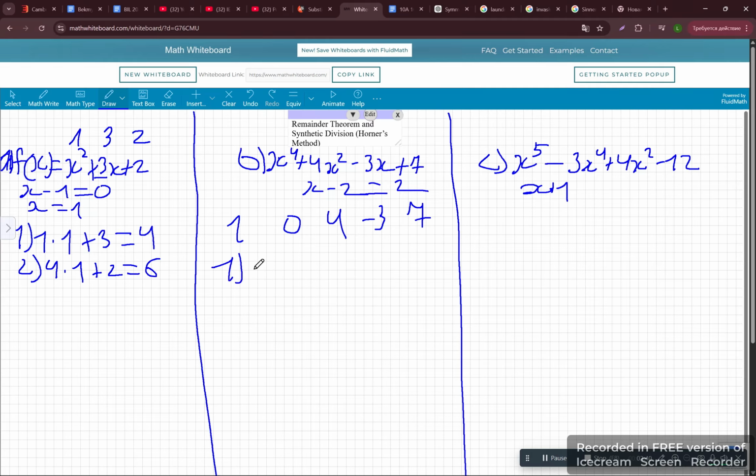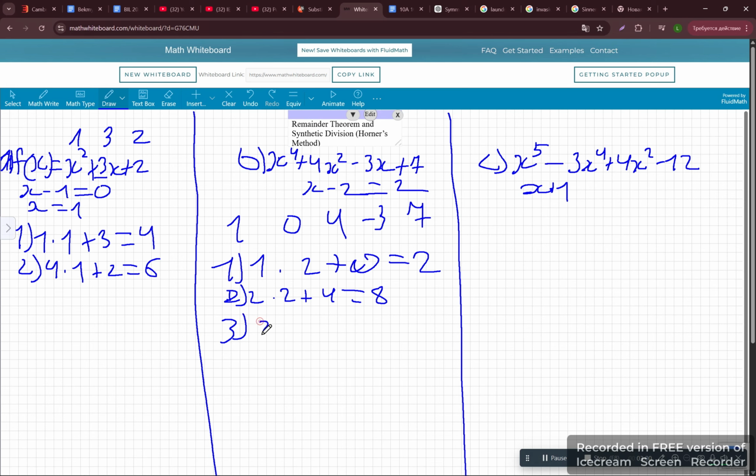First step is 1 equals 1 plus 0, which is 2. Second step is 2 multiplied by 2 plus 4, which is equal to 8.